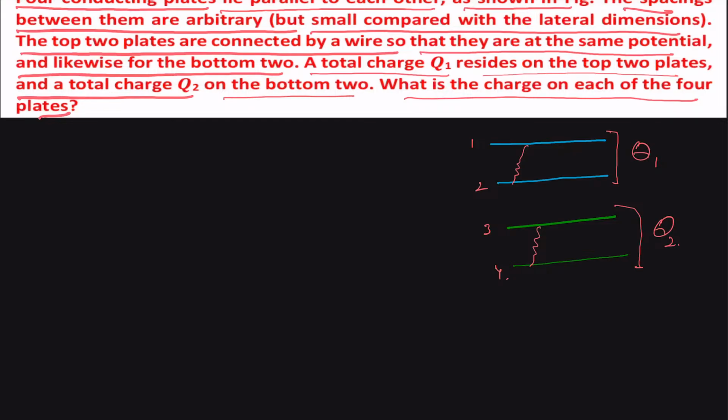So this is the basic question, and we have to find out the charge on each of the 4 plates. Obviously 1 and 2 are connected, so they will be at the same potential. 3 and 4 are connected, so they will also be at the same potential.